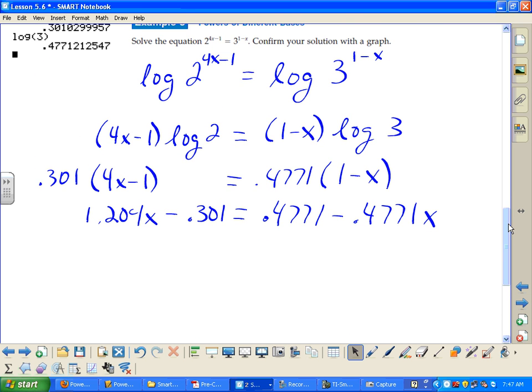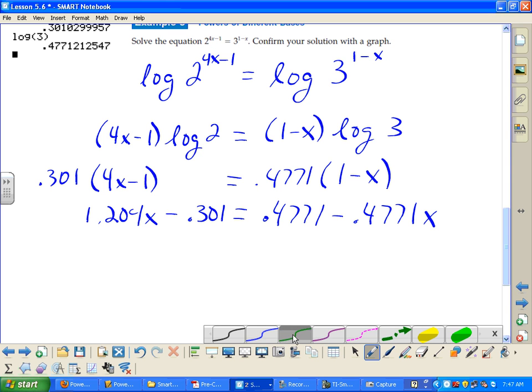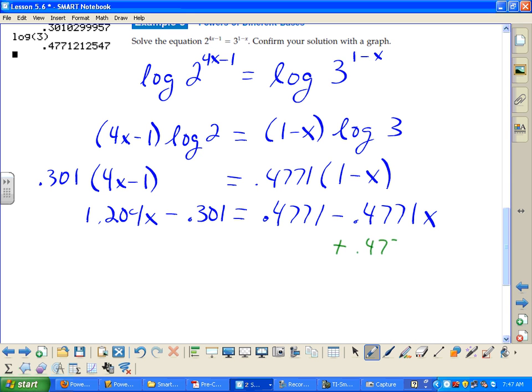And so we're going to get the x's on the same side. So we'll go ahead and add 0.4771x to both sides, and add 0.301.